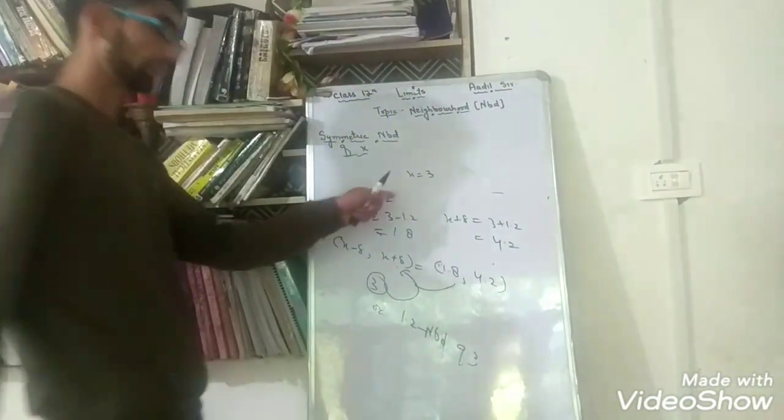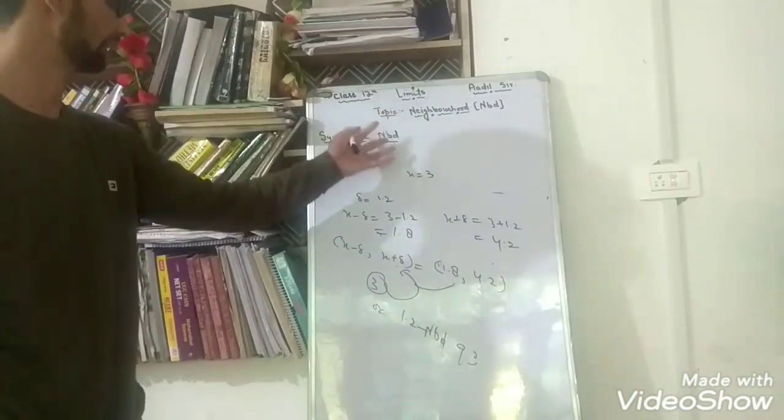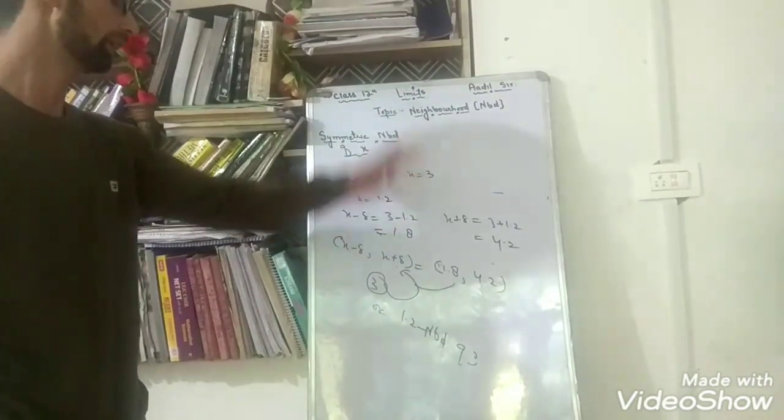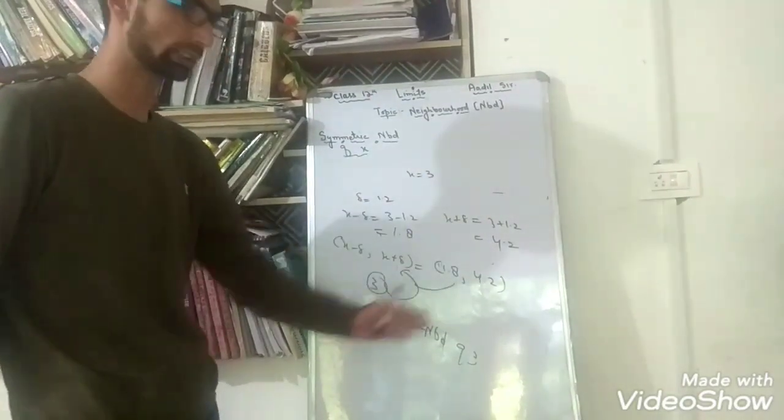So you have to write down this example. First, write the definition of this symmetric neighborhood, and below that definition, write down this example.